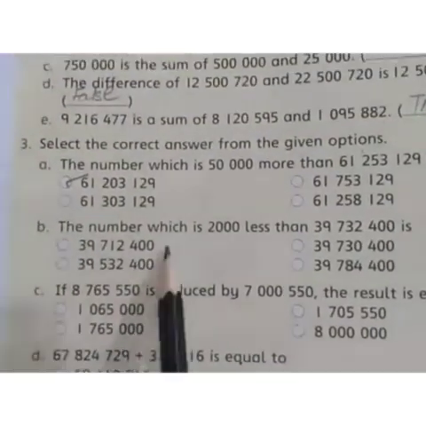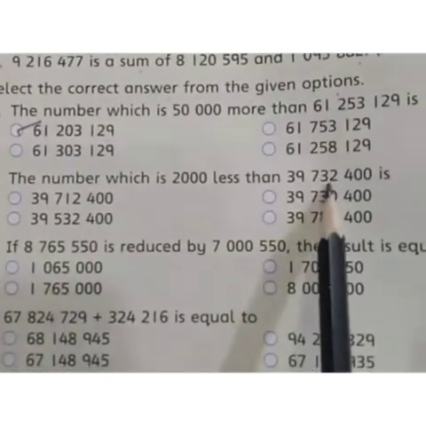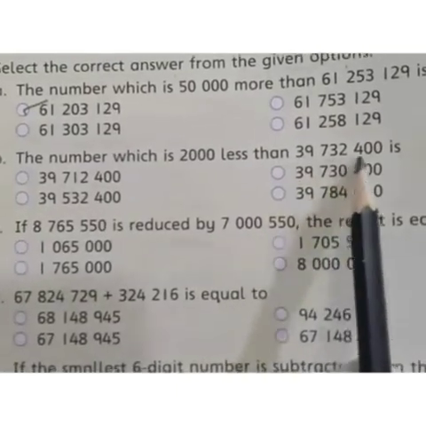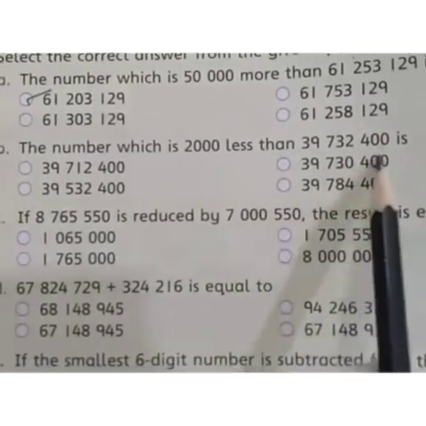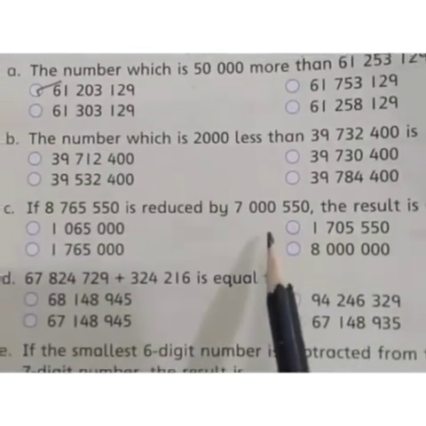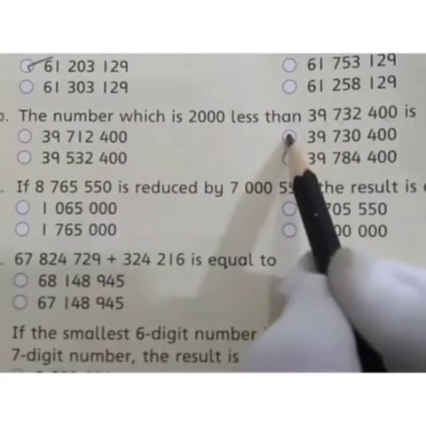Part B, the number which is 2,000 less than 39,732,400 is, we have to subtract 2,000 from this number and we got the number which is 39,730,400.